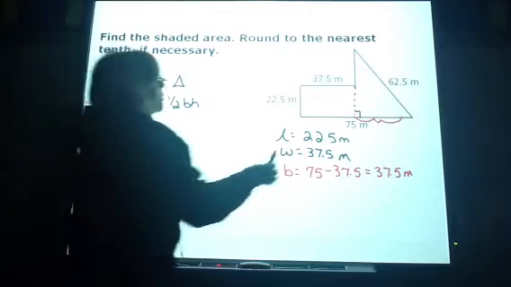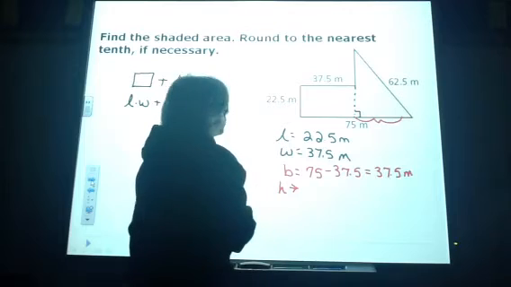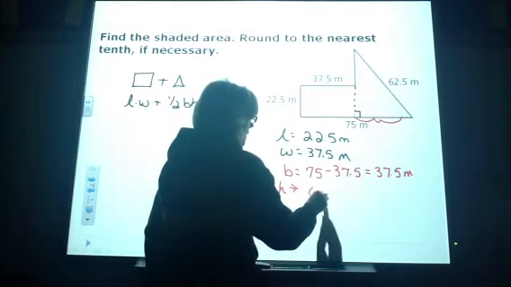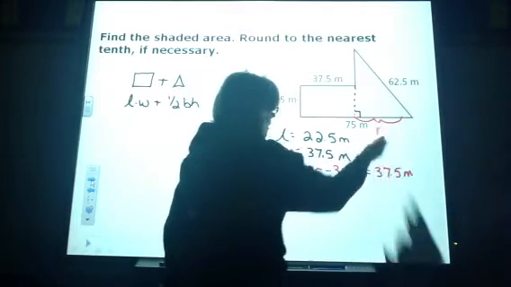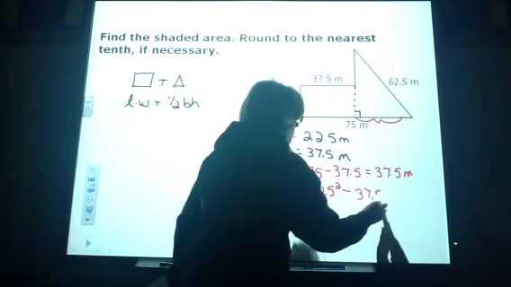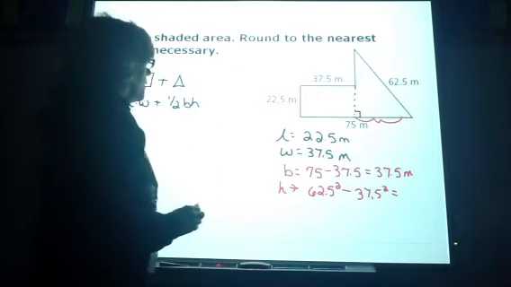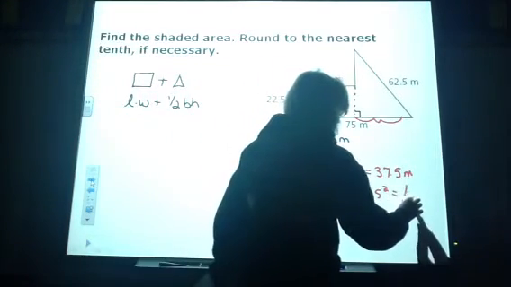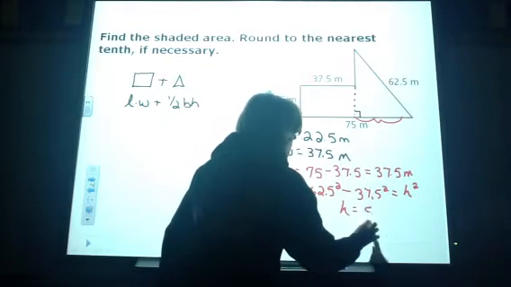Okay, so then for the height here, we're going to use the Pythagorean theorem. We can take the hypotenuse, square it, subtract out the leg that we have, square it, and we should get the height of the triangle. And when we do that, you're going to get 50 meters.